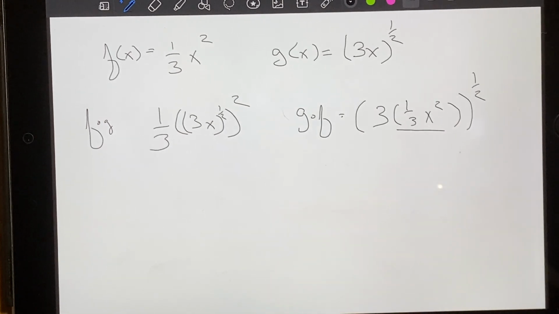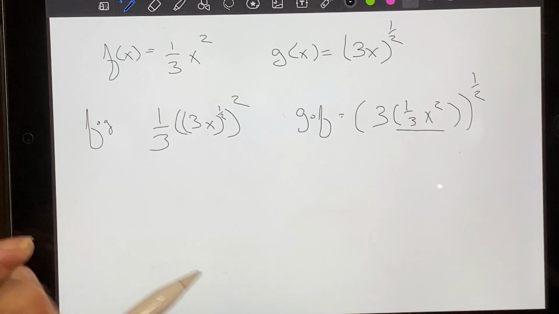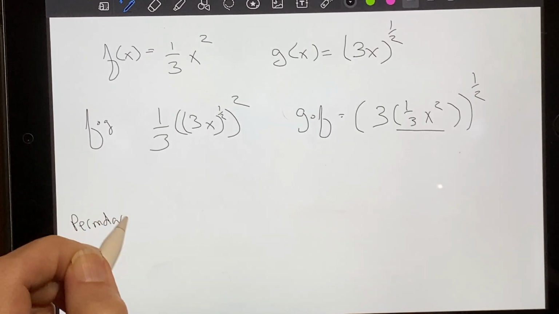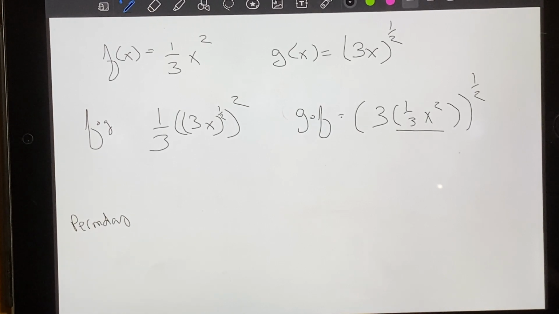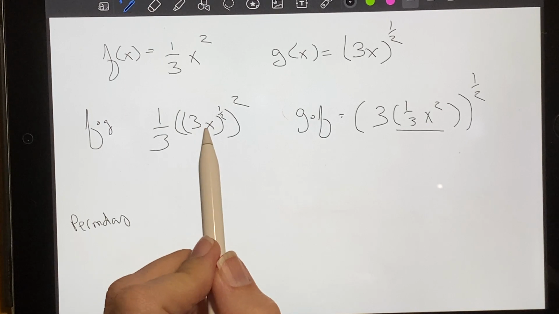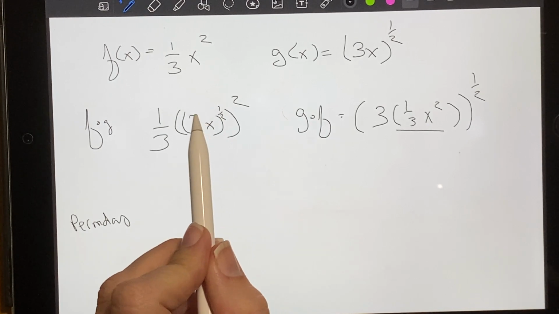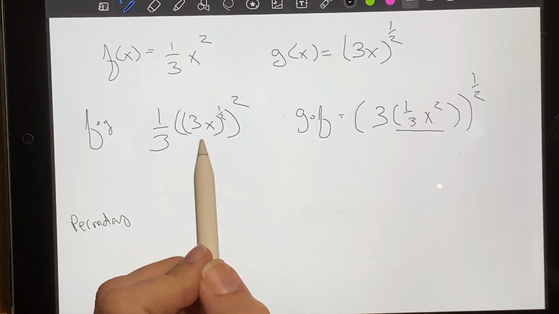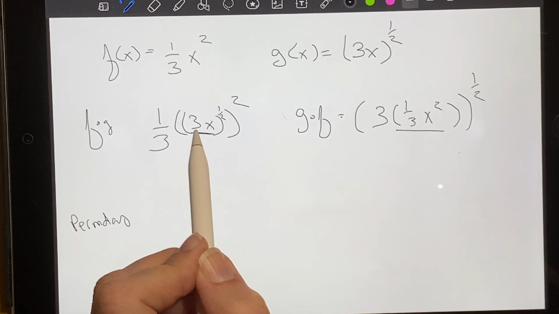Now, this gets tricky because we have to do our steps in order. So we've got PEMDAS, right? We've got to do it in order. So our parentheses matter first, then our exponents. So in this case, I could distribute this out and then do an extra one, but I see that this is a unit.